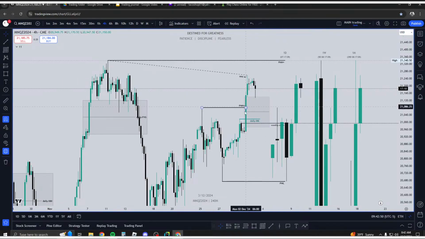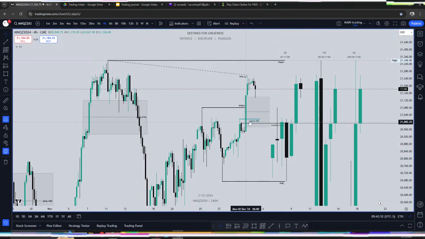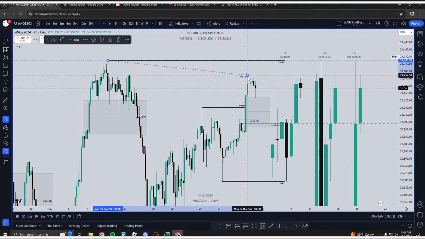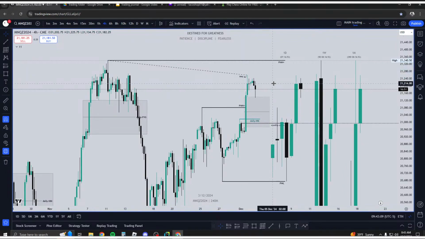I would need to see us completely disrespect this 4-hour fair value gap and create displacement candles on the 4-hour time frame that support the idea of bearish price action. But as of right now, there isn't that information. There is literally no reason for us to be looking for shorts here, at least on the 4-hour time frame.